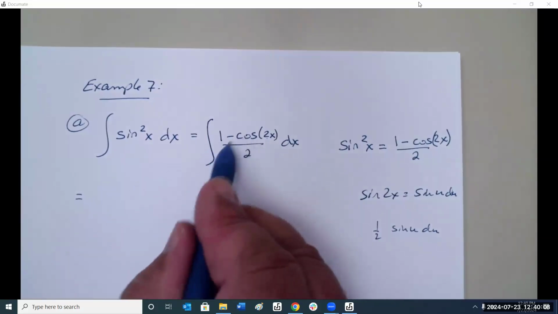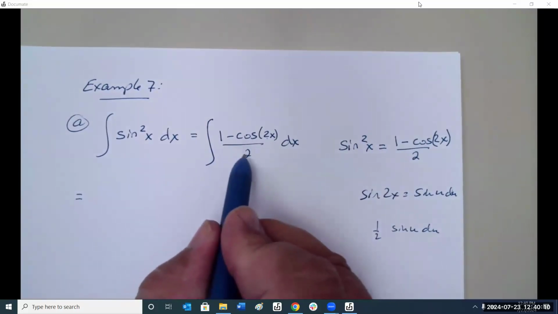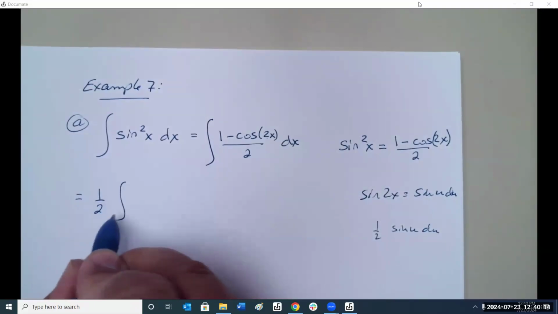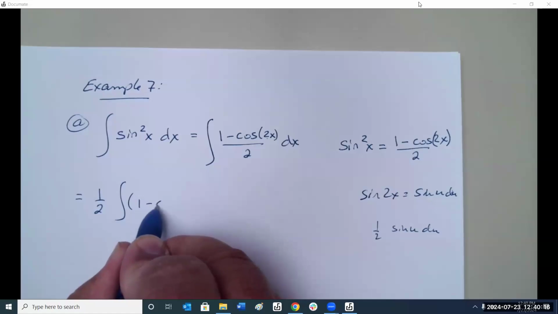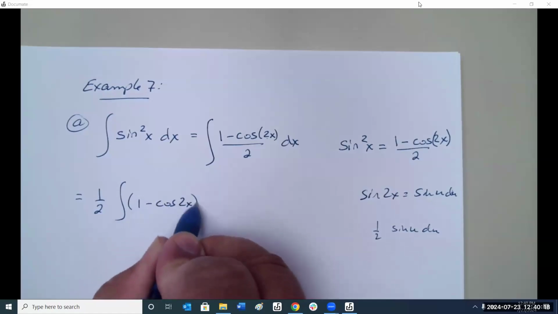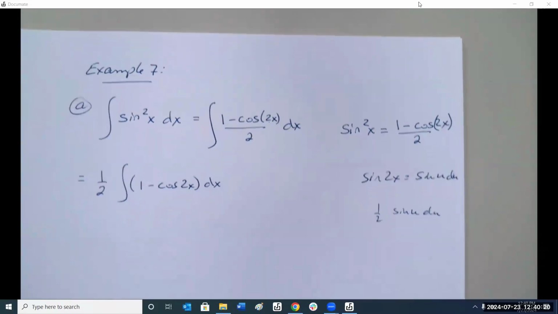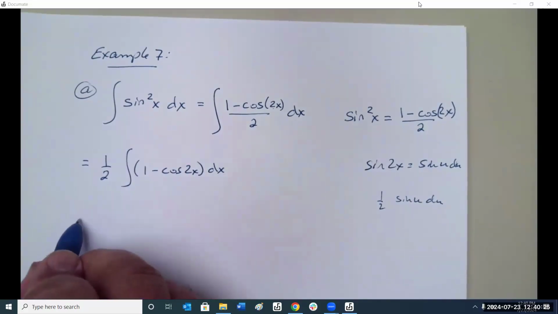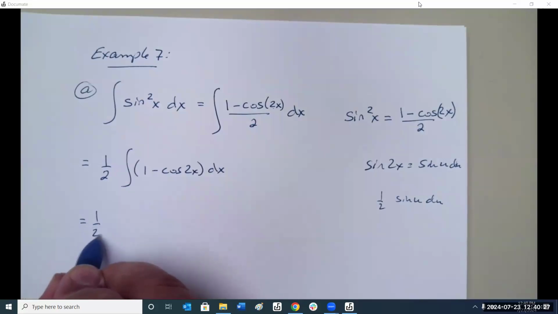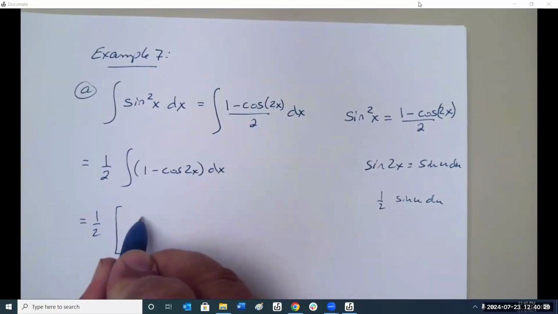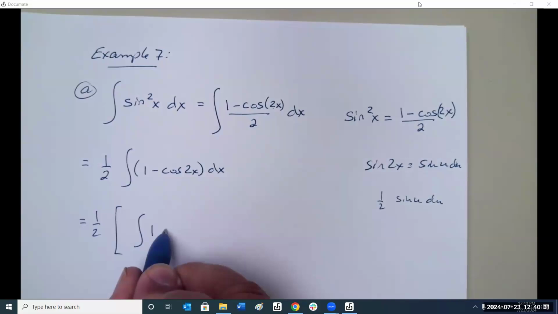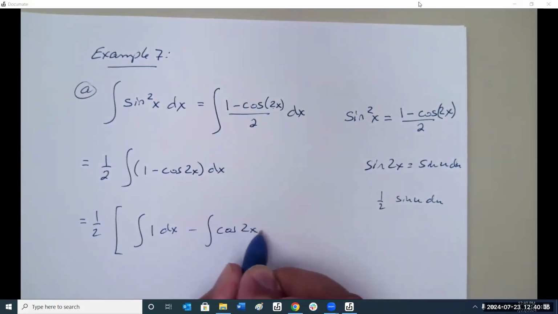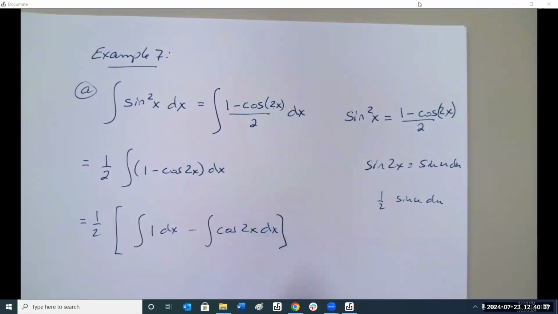So now we just look at this equation here. This is a constant, it can come out in front. So we're just taking 1 minus cosine 2x dx. So it's the integral of 1 dx minus the integral of cosine 2x dx.